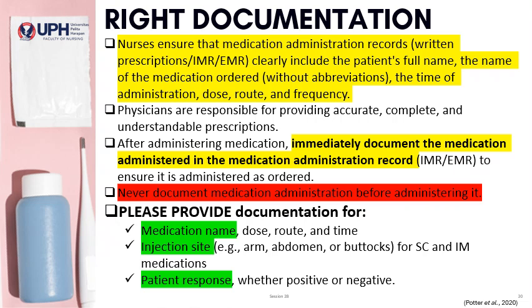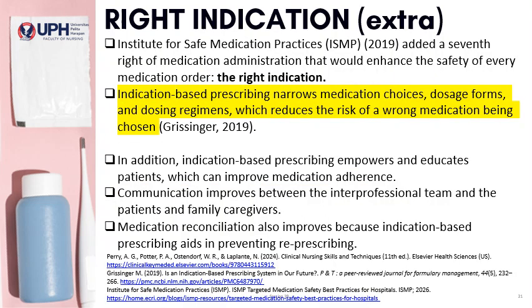So we've done talking about the 6 rights, but I'm going to talk extra about the right indication. So this is an extra thing. According to the Institute for Safe Medication Practices, you have the 7 rights of medication administration, which includes the right indication, to really enhance the safety of every medication.